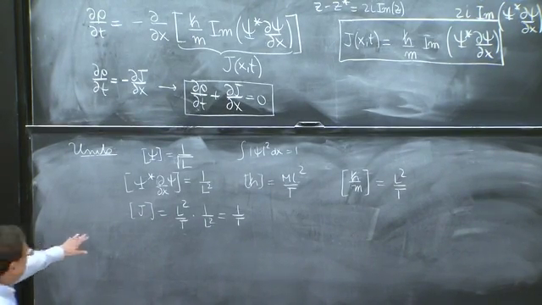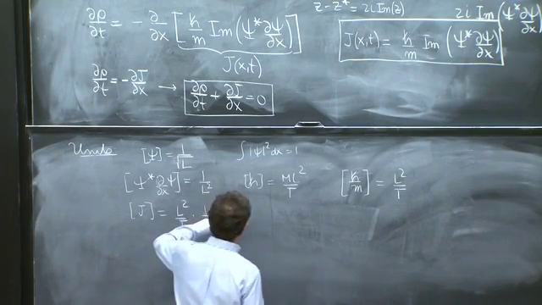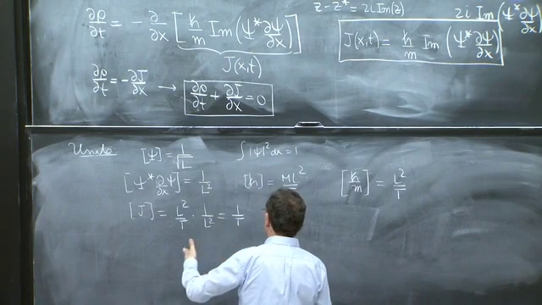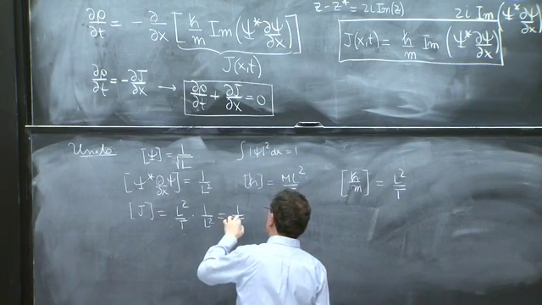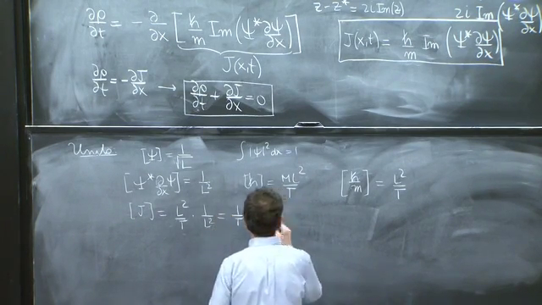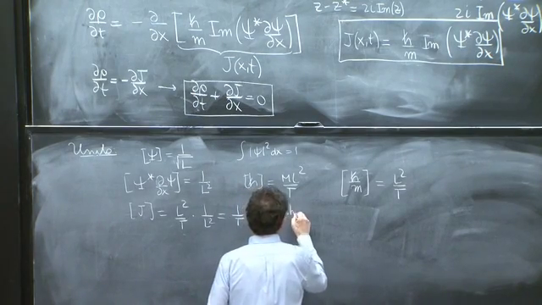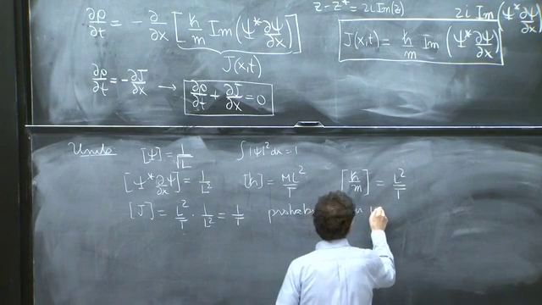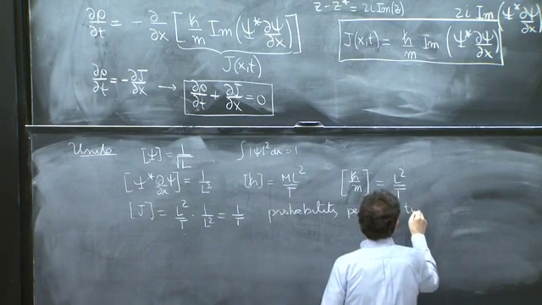That's the units of current. Probability has no units, so we're dealing with pure numbers. But this is probability per unit time.